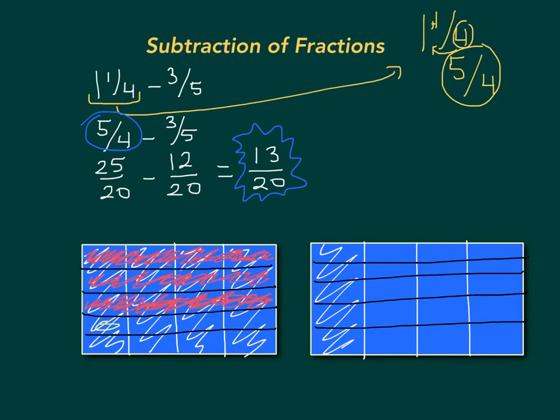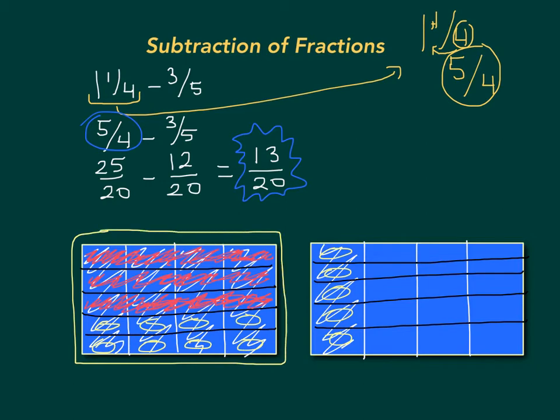We have 1, 2, 3, 4, 5, 6, 7, 8, 9, 10, 11, 12, 13. And how many sections are in a whole? We know that that's 20. So how many are left? We have 13/20. And we can see that that's the same answer as we got using our common denominator.